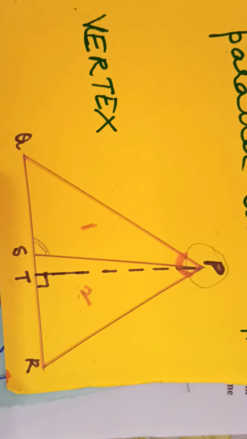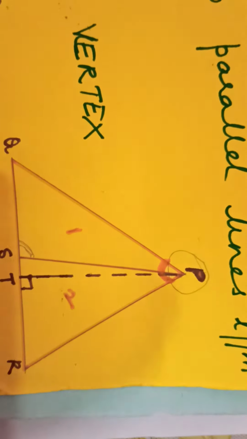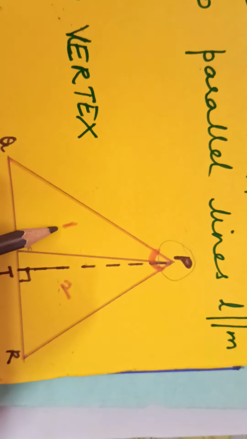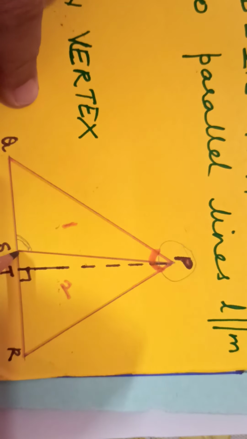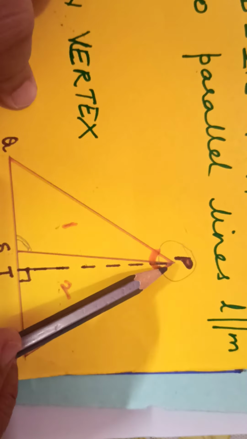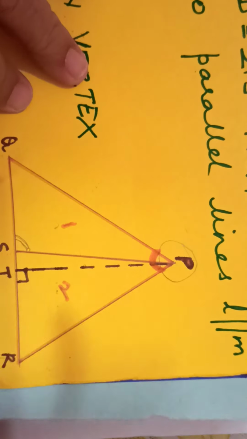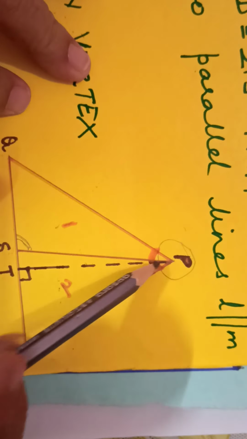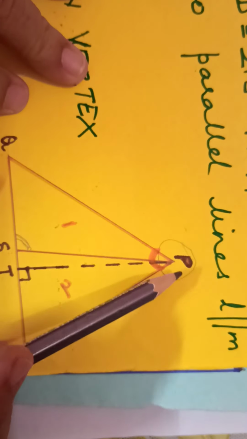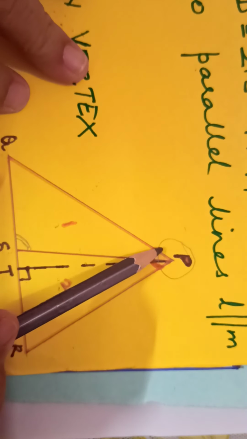Second condition, when two triangles have the same height: triangle PSQ has an obtuse angle and triangle PSR has an acute angle. Both these triangles have common height PT because they have a common vertex.